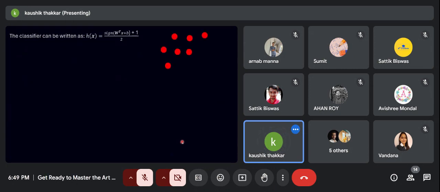Okay. So the classifier can be written in a very simplified form, where you can see it's nothing but the sign of W transpose X plus B plus 1 upon 2, right? So now suppose you have a training set which is denoted by red points, and you have some green points. These two different colors represent different classes. Now we want a linear classifier.